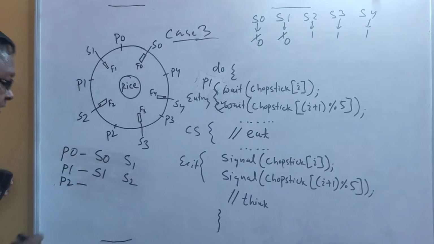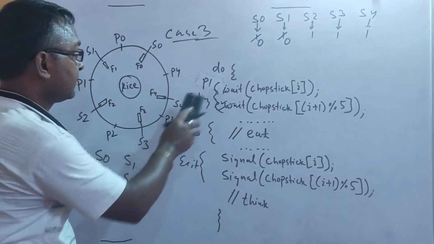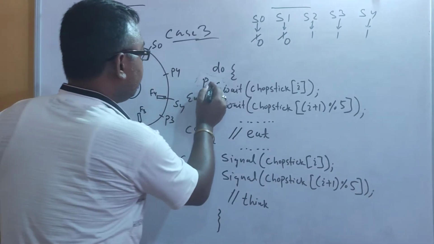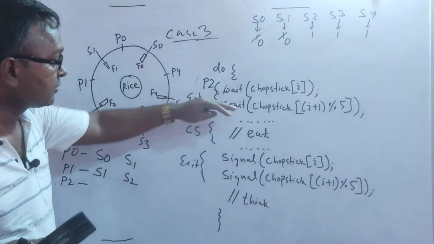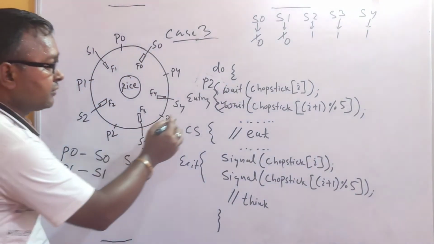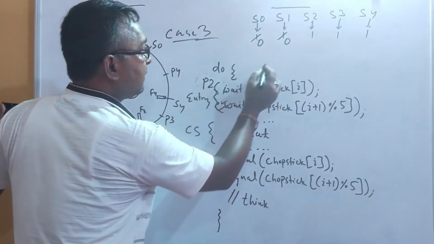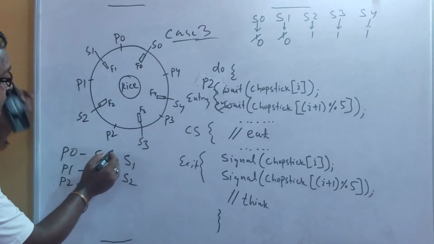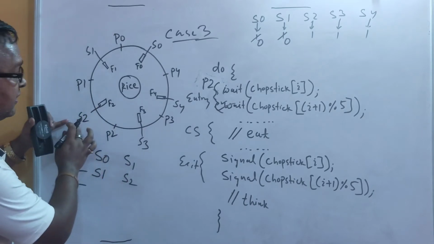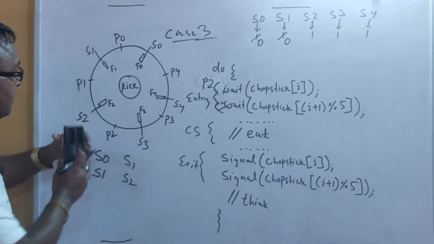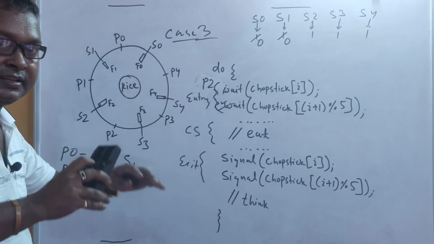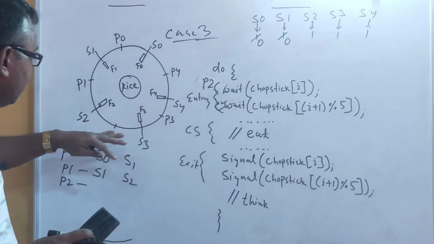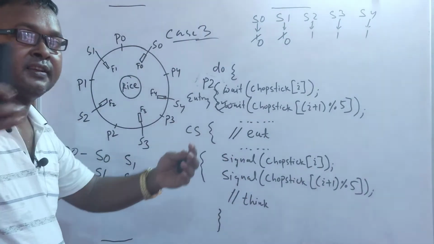Now P2 wants to enter the critical section and executes this particular code. It wants to pick the left hand side first, F2, that means S2. That is the condition I told you in the beginning: it has to pick the left hand side, then the right hand side.